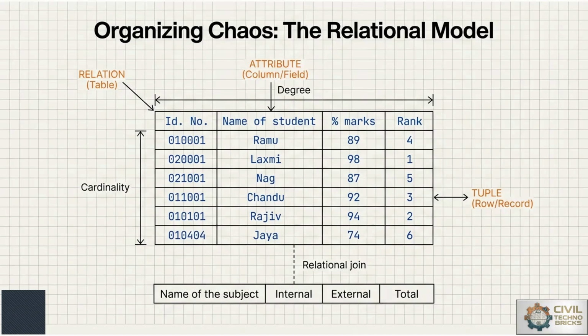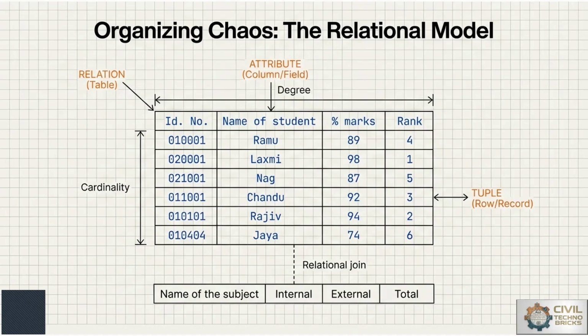So with respect to that, we have to maintain the relation based on the table, the attribute which is in the column which shows the degree, and the tuple which is shown in the rows, which itself shows the record. Now we have to relate that attribute with respect to tuple based on some row to column, n number of rows to a single column or a single row to n number of columns. So that relational role of the database management system is most important for analysis.